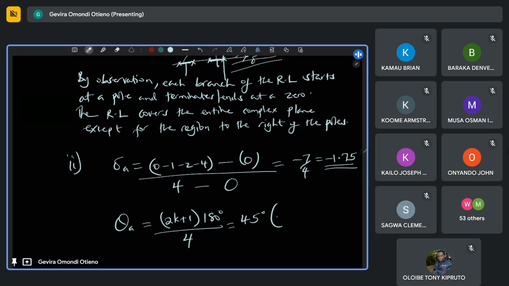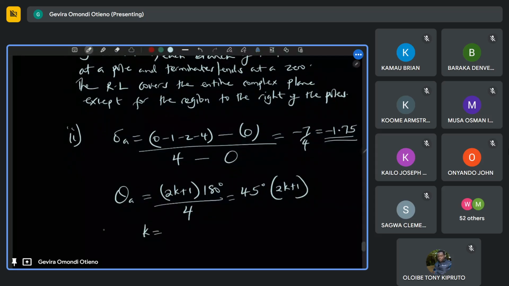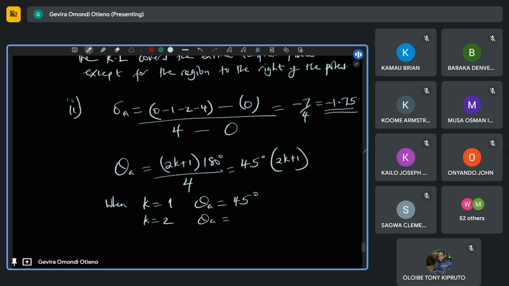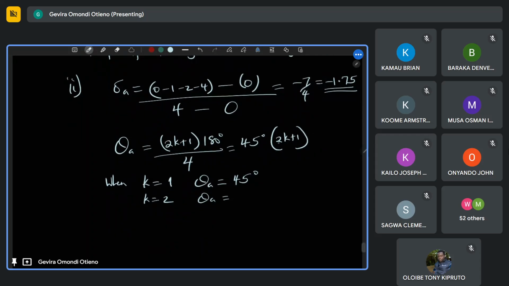So it would be 45 into 2k plus 1. When k is 0, theta A is 45 degrees.